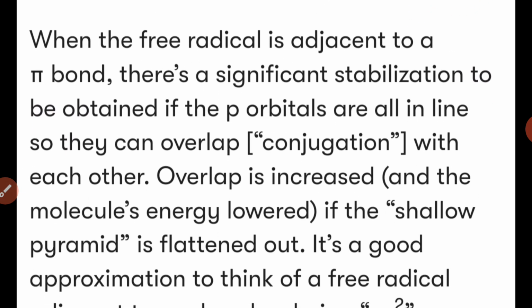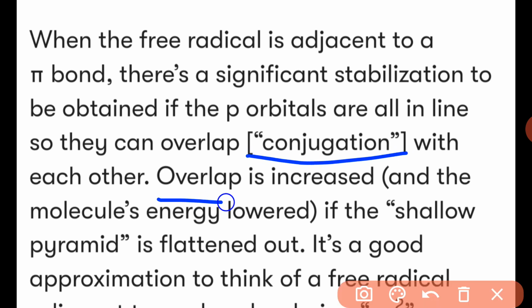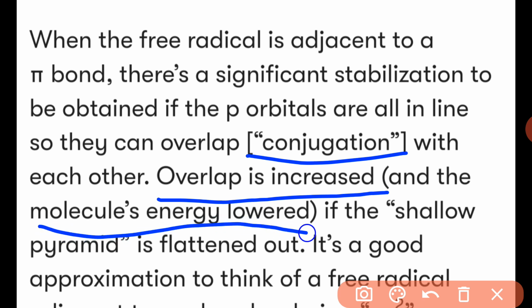When the free radical is adjacent to a pi bond, significant stabilization is obtained. If the p orbitals are all in line, they can overlap and make conjugation. As overlapping increases, it means more electron density shifting, and with more overlapping the molecular energy will be lower.